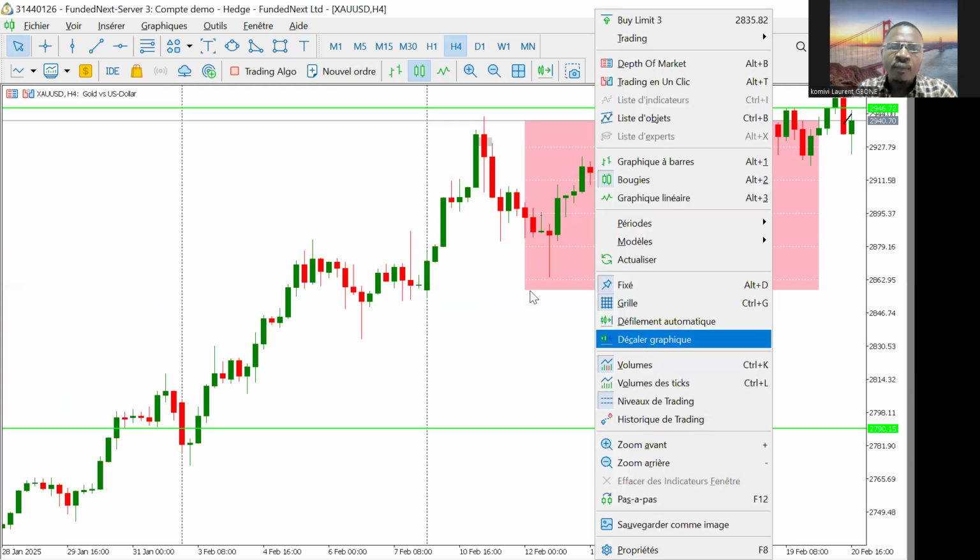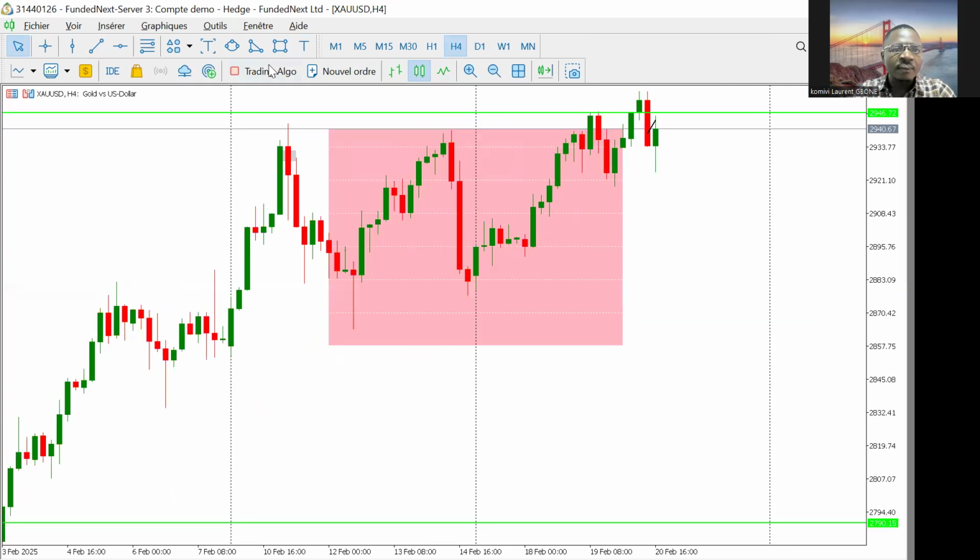How do I trade it? We are in a bullish trend, and this was forming. It is going to confirm the continuation of the bullish trend. Okay, so what do I do? I get down to the 4 hour.